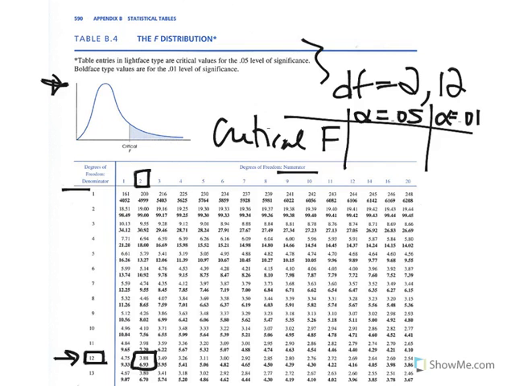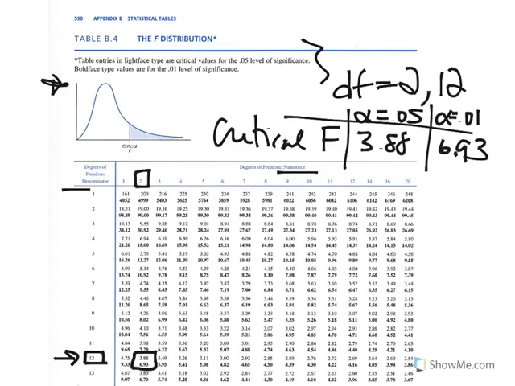So we would cite 3.88 and 6.93. And now we've established exactly what we would expect if the null were not true, what F values have been set as illustrating treatment effect.